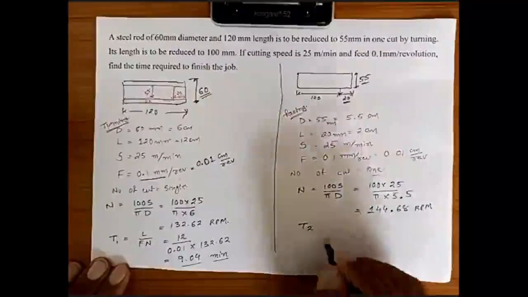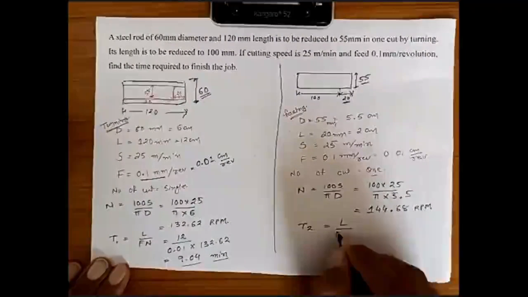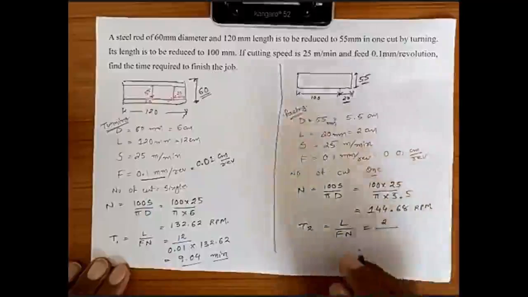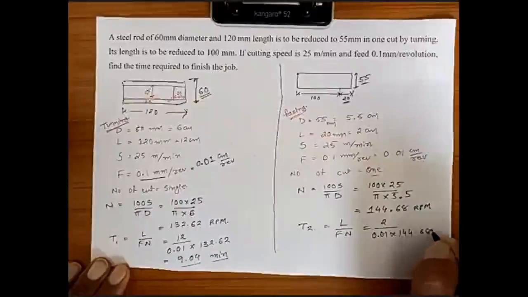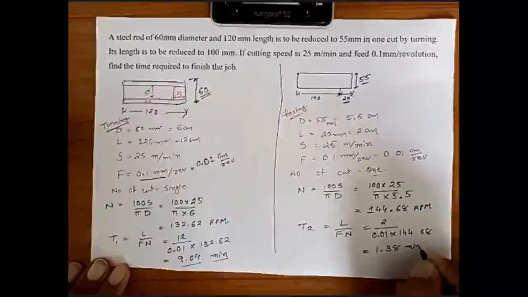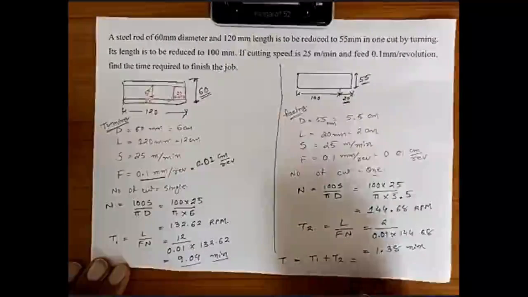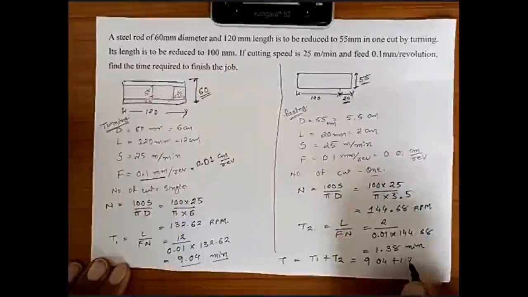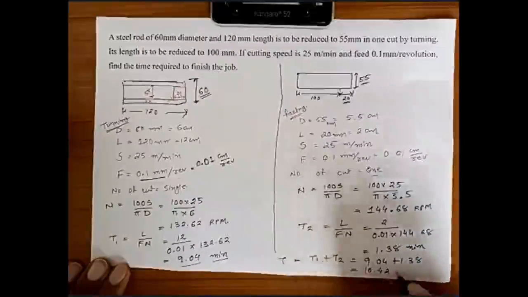Now we calculate the time T2 is equal to L upon Fn, the length 2 centimeter, feed 0.01 and 144.68, 1.38 minute. Now the total T is equal to T1 plus T2. So 9.04 plus 1.38, 10.42 minute.